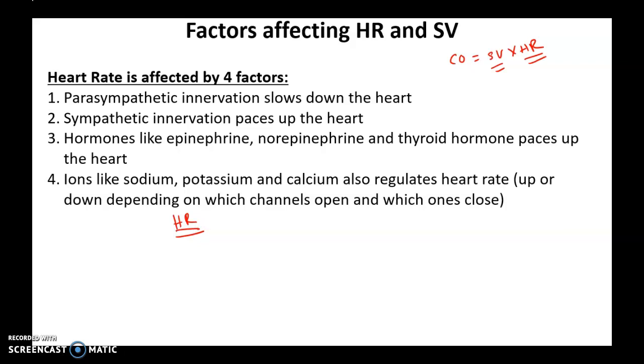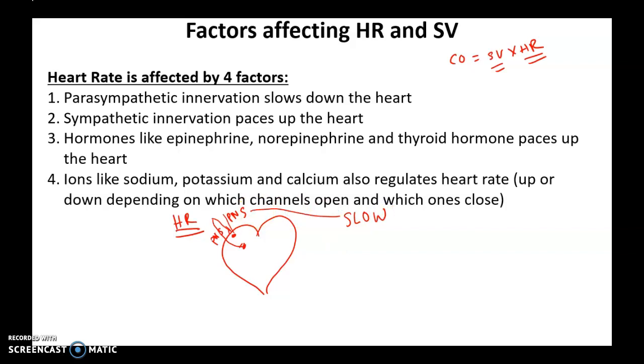First, parasympathetic innervation. So if you think of your heart, the SA node and the AV node are innervated by the parasympathetic nervous system. And remember, the parasympathetic nervous system slows down the heart. So parasympathetic, slow.